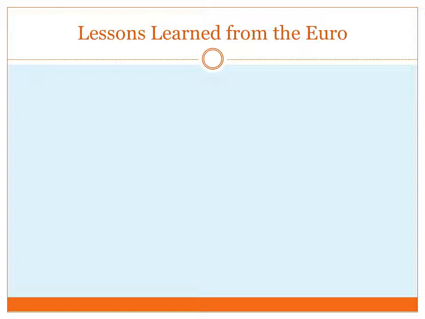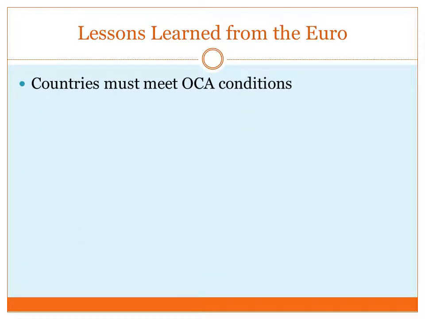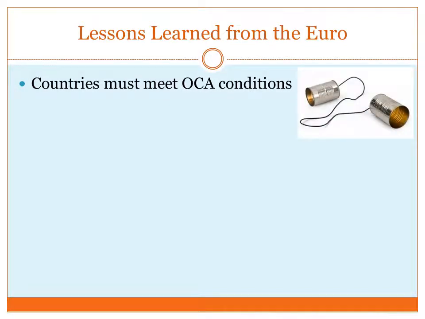There are a number of lessons to be gleaned from analyzing the Eurozone. The first is that any group of countries need to meet open currency area conditions before embarking on the process of unionizing. Open currency area conditions include factor mobility, or the ability for laborers to move freely from one area to another, and good communication networks. In addition, Southern African Development Community economies are still diverse, and external shocks affect the region asymmetrically.